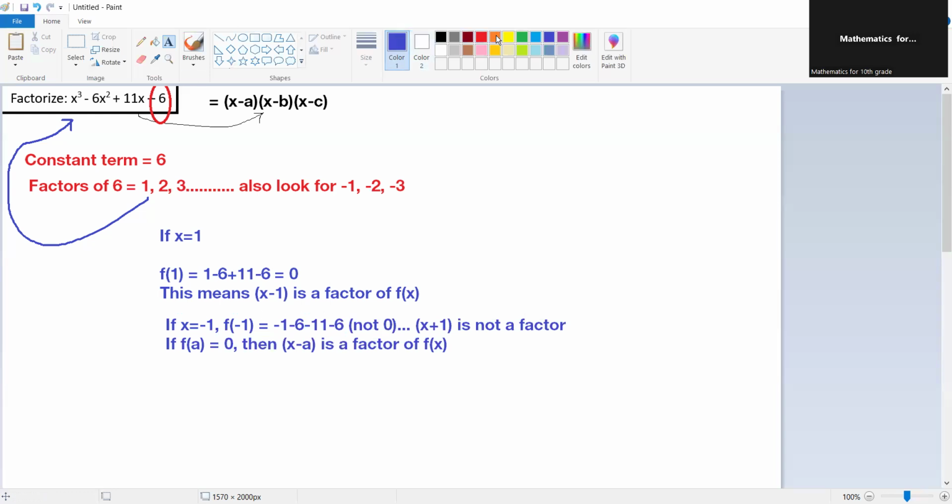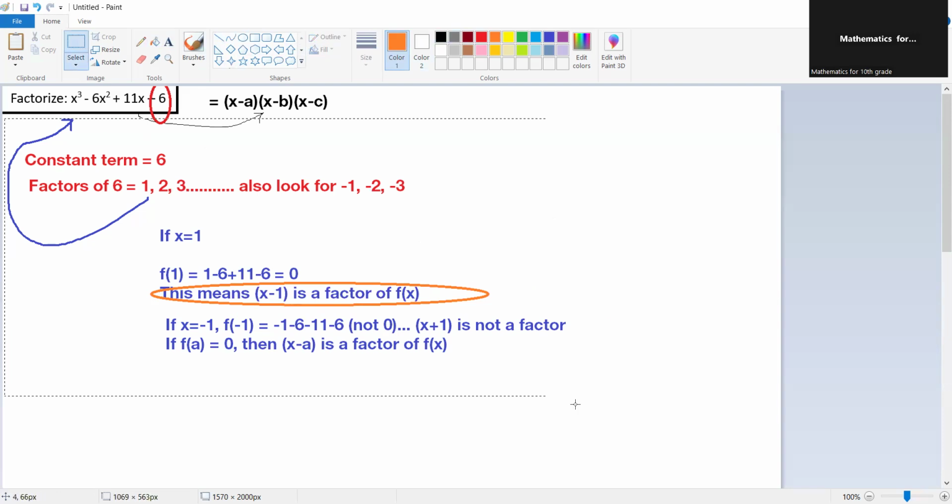So I'll just circle this. So x minus 1 is a factor. So I'll just rub this off because I need to find out the next factors.